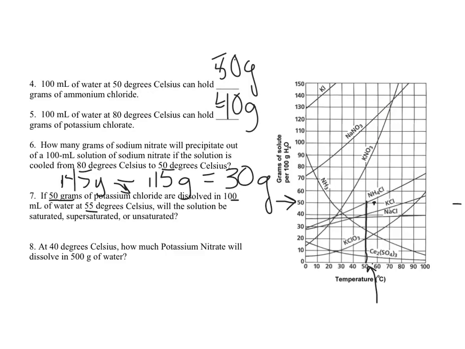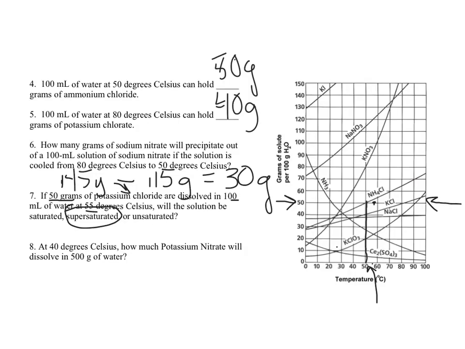Well, the KCl line is right there. If I compare the point that I drew to the KCl line, I'm above the line. And that tells me that this is a supersaturated solution because the point that I made at 50 grams and 55 degrees is above the line for KCl, potassium chloride.